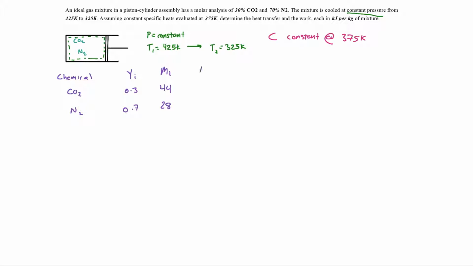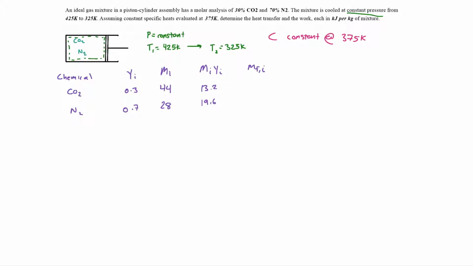And then we want the weighted average, so to speak, of each component. That's Mi times Yi. That's going to be 13.2 kilograms per kilomole for carbon dioxide and 19.6 kilograms per kilomole for nitrogen gas. Then we're going to have the mass fraction of each component.